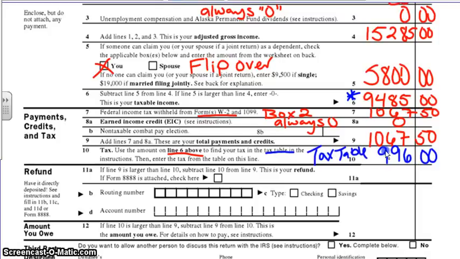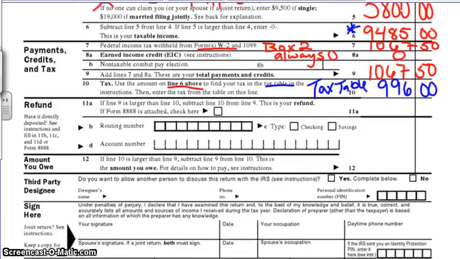Now, these next two lines are going to tell us whether we are going to get a refund or if we're going to owe money back, or if we're going to have to pay the government some money. It says for 11, if line 9 is larger than line 10, stop right there. Is line 9 larger than line 10? $1,067.50 is in fact larger than $996.